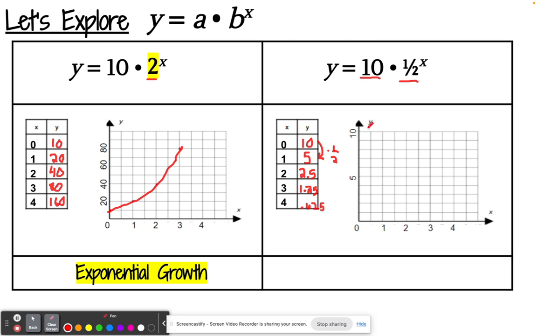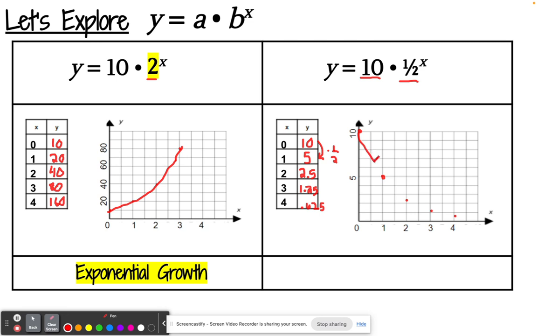So if I were to graph this, I would have 0, 10, 1, 5. This is counting by 1, 2 ones. 2 would be 2.5, so 1, 2.5. 3 would be 1.25, so a little bit above there. And 4 would be 0.625, which would be a little bit more than halfway.